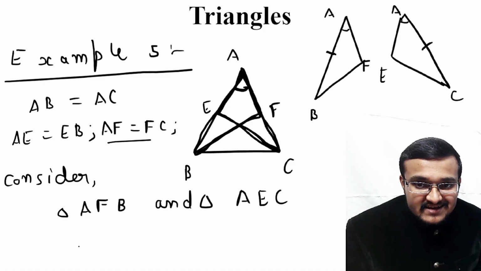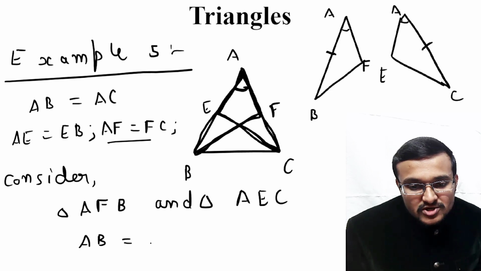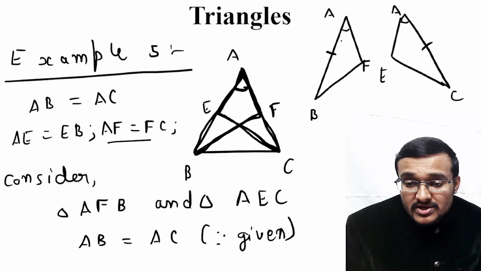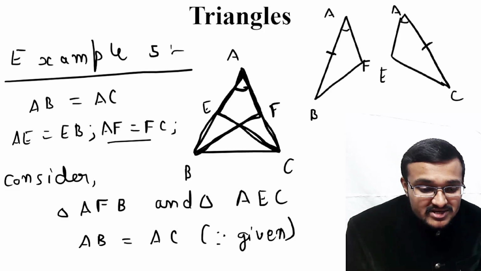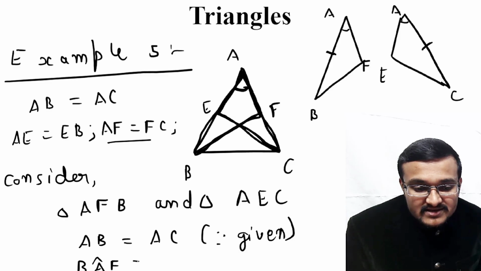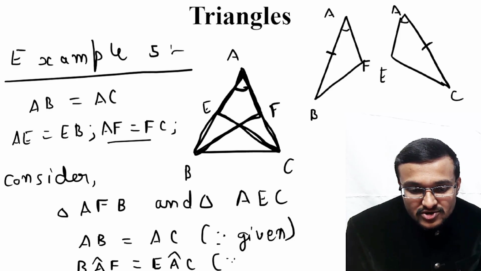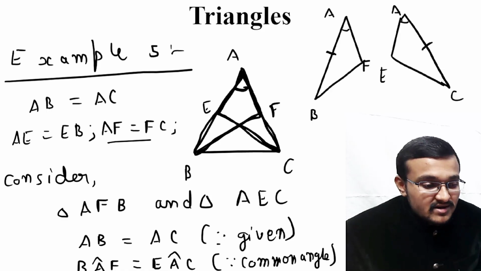Now in these triangles AB is equal to AC, which they have already given in the data. Now angle A is common, so angle BAF is equal to angle EAC because they are common angles. This angle acts as the common angle for both the triangles.